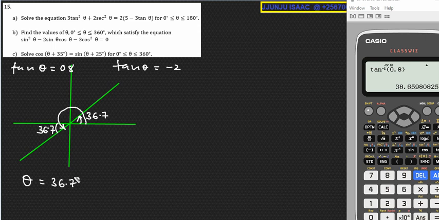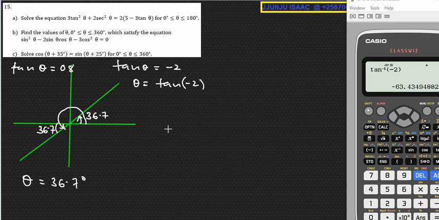Okay, now let us see for the case of tan theta equal to negative 2. So what is theta? Theta is tan inverse of negative 2, and from the calc here, tan inverse of negative 2 is negative 63.4.